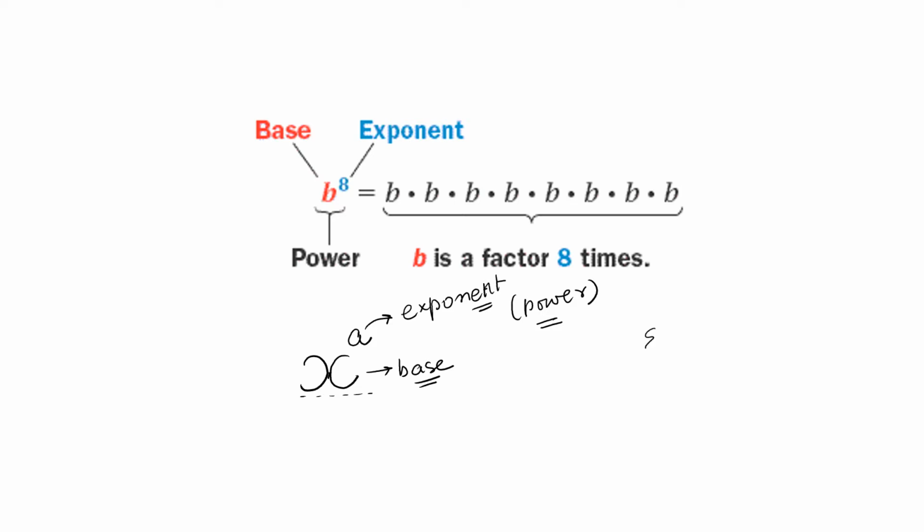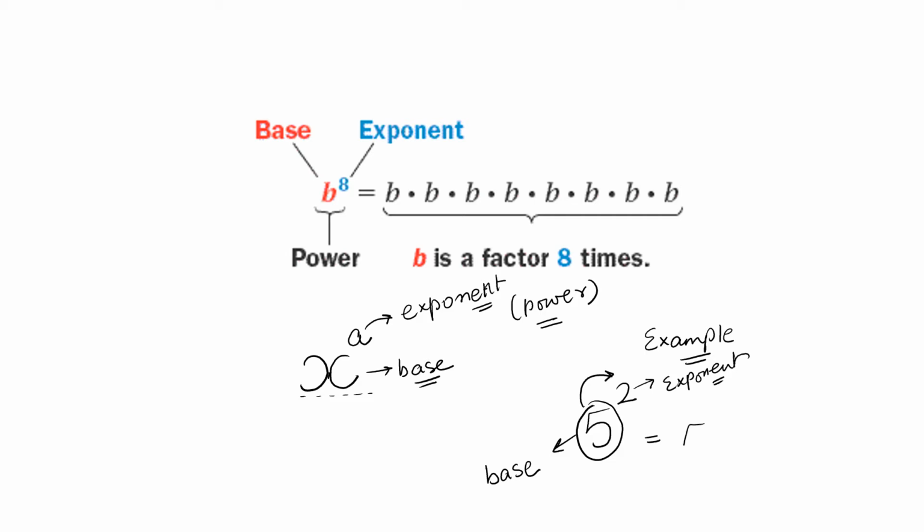Understand by looking at an example. If I write here 5 to the power of 2, where is the base? This 5 is the base, whereas this 2 is the exponent because it is on the top of the 5. Now what does it mean? It means that this base is multiplying 2 times.